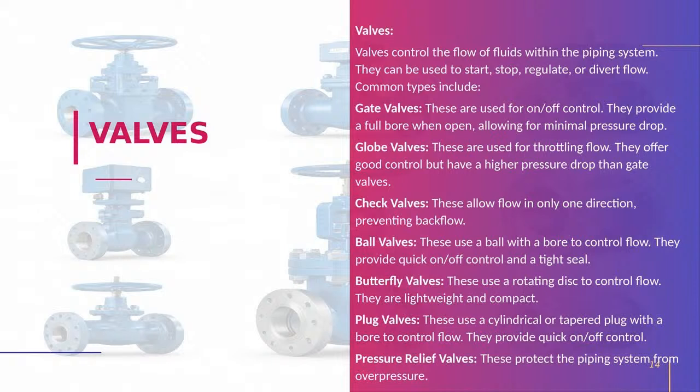Then pressure relief valves, nothing but the PRV, PSV and TSV. In which system we have to use the PRV, and how we select the PRV, we'll see in the upcoming schedules.